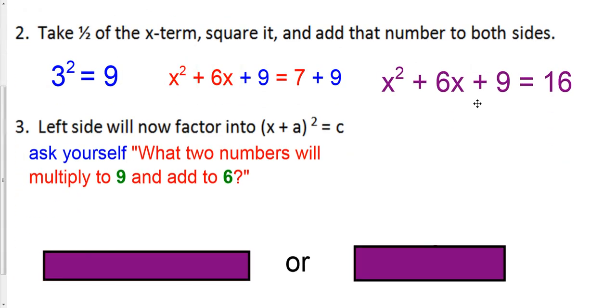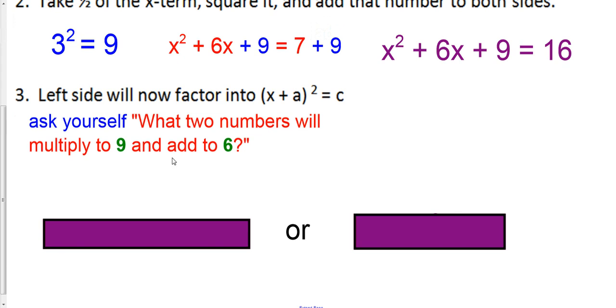Now I can factor this piece, x squared plus 6x plus 9, into something like x plus a, squared, equals this last piece here. Like before, we ask ourselves, what two numbers multiply together to get 9 and add together to make 6? That's going to be 3 and 3. In this case, they're both positive, so I put a plus there.